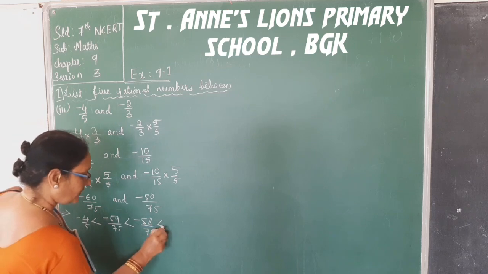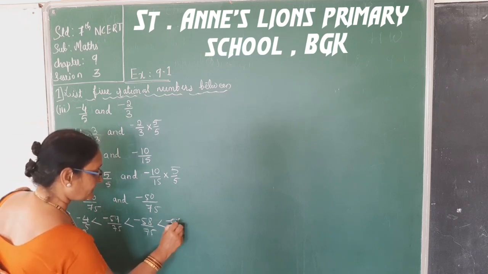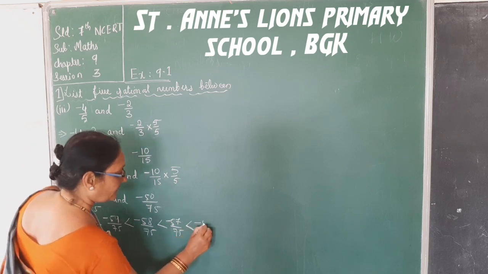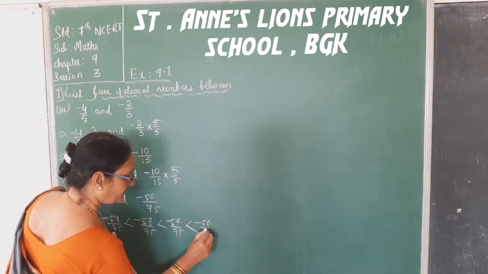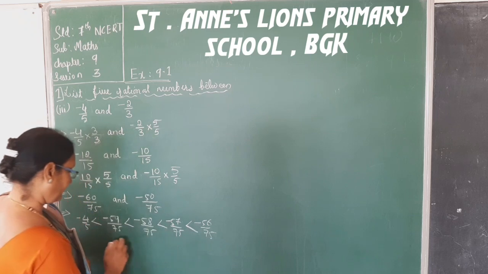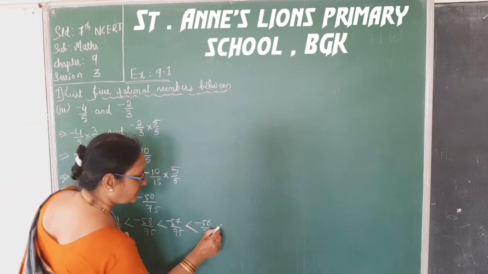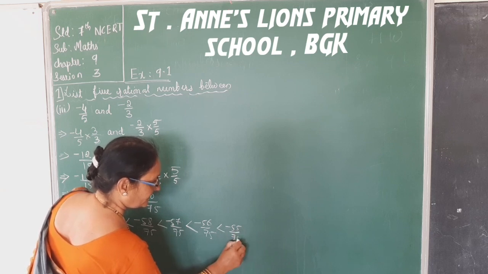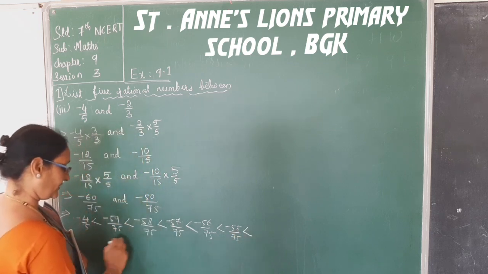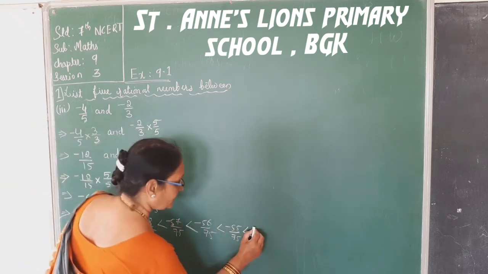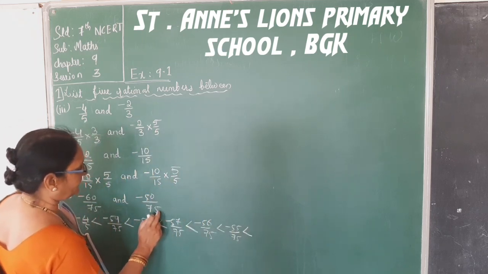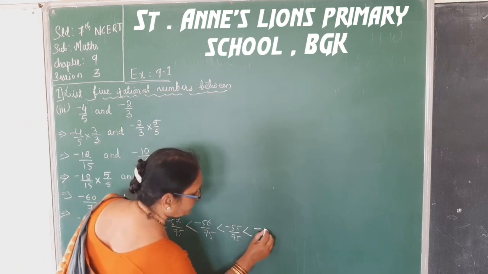Then is smaller than minus 57 by 75 is smaller than minus 56 by 75. Then is smaller than minus 55 by 75, 5 enough for us. So minus 55 by 75 is nothing but minus 2 by 3.